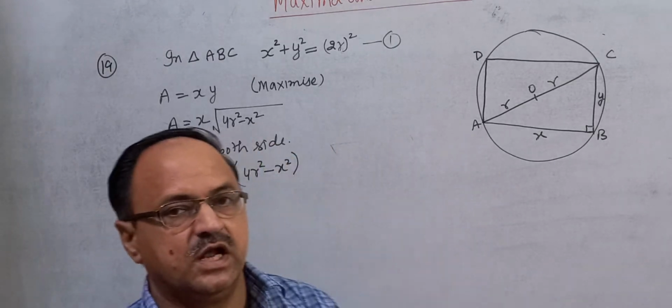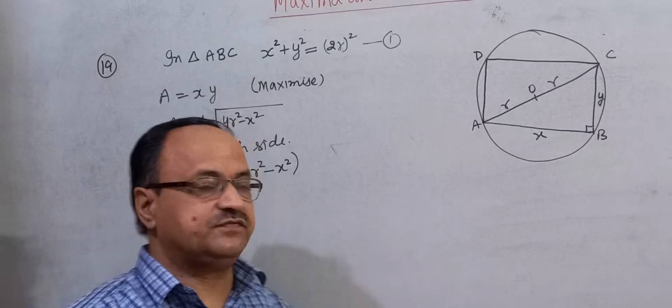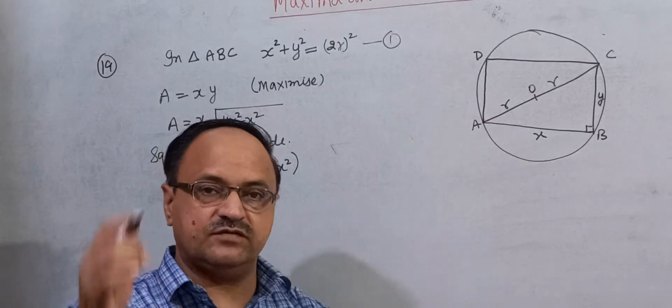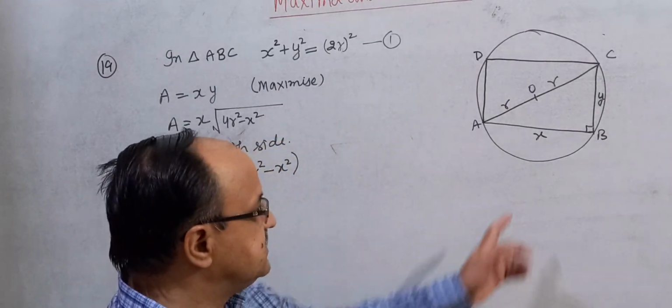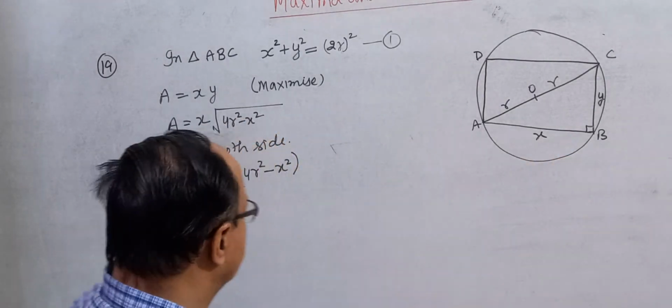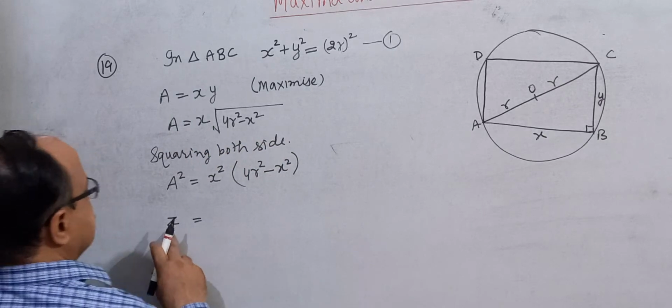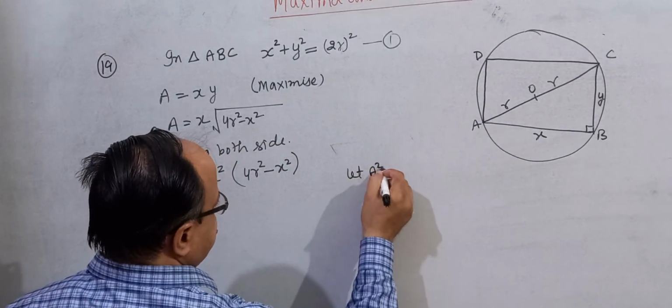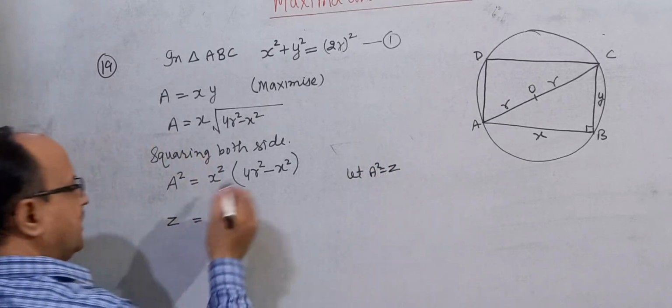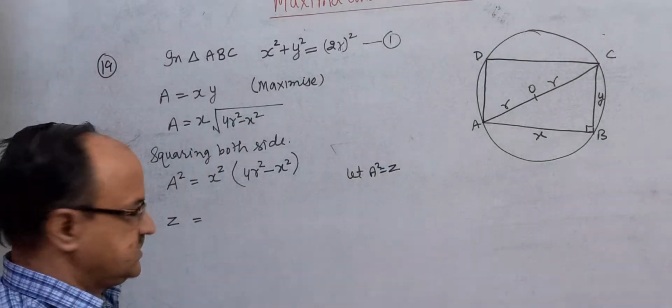X is the variable, r is fixed, because given a circle, it means the radius is fixed. X is the variable, so therefore you can write here z, or you can write f of x.